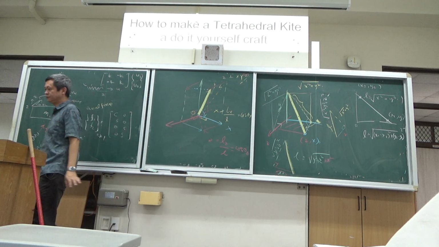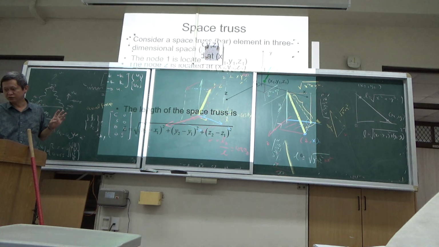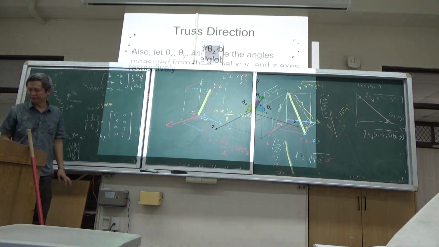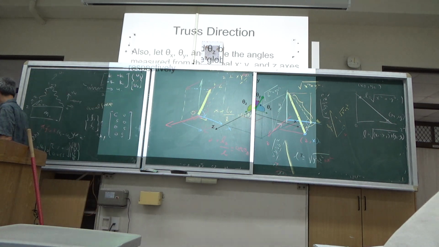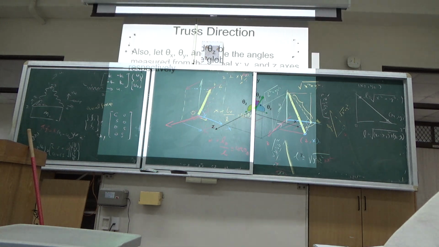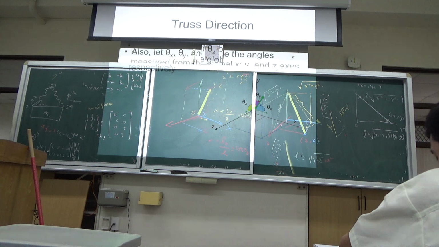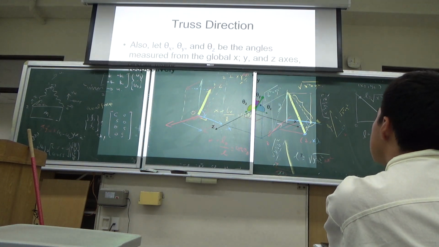So in this way, you define your three cosine angles. This is what we call directional cosine.